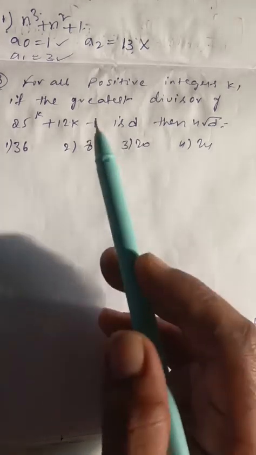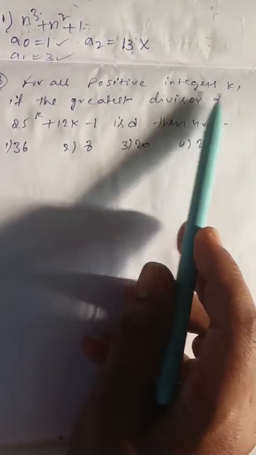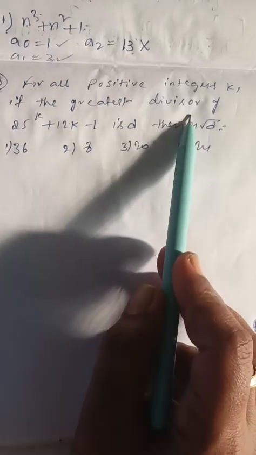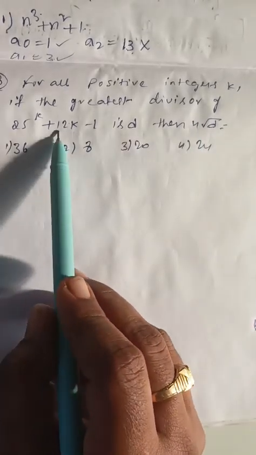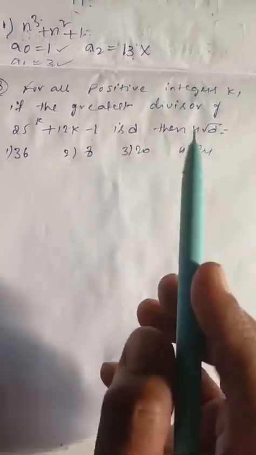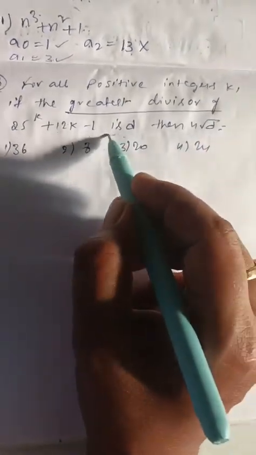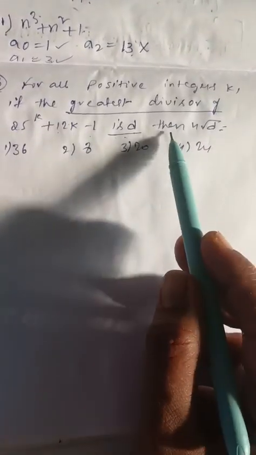Next question. For all positive integers k, if the greatest divisor of 25 power k plus 12k minus 1 is d, the greatest divisor of this expression is d, then what is 4 root d?